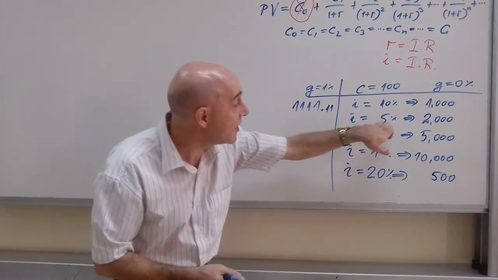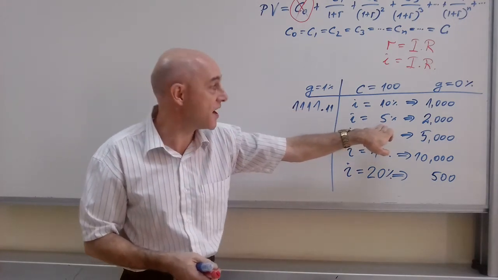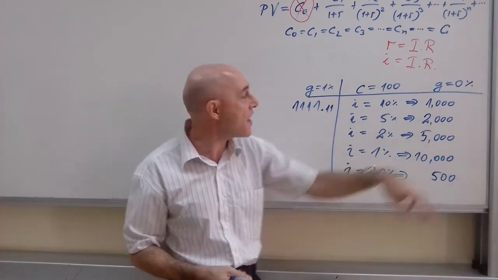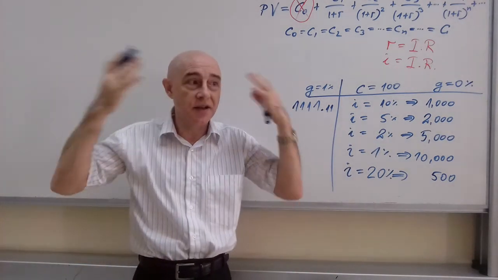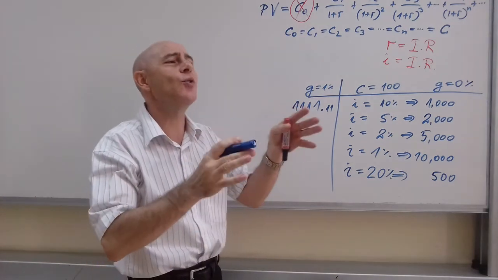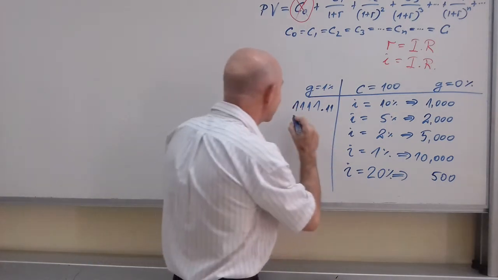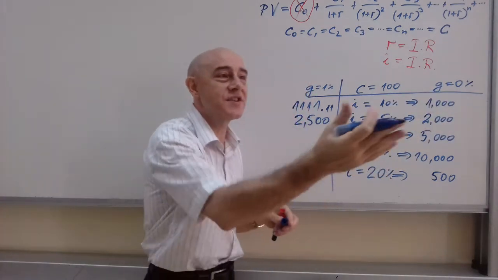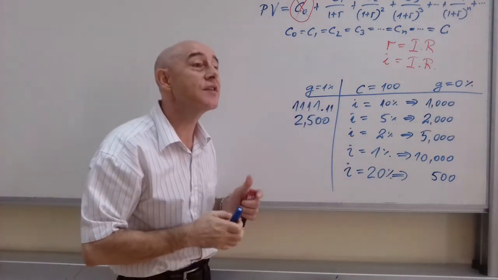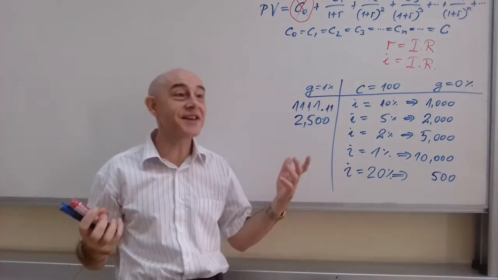Alright, next one. You have 5%. It was 2,000. What's the new number? Let me try my guess, it's called old school: 2,500. What does the calculator say? Yes, it's the same as mine. Well, lucky me.